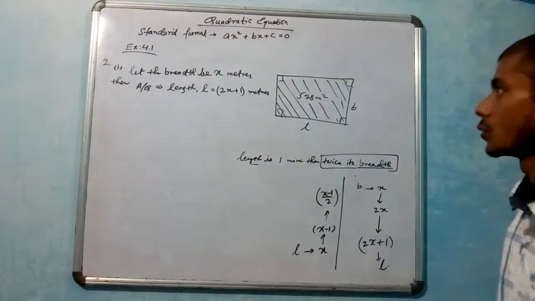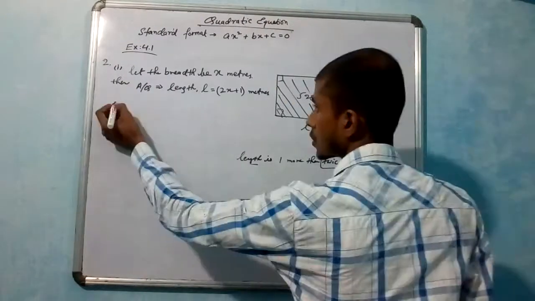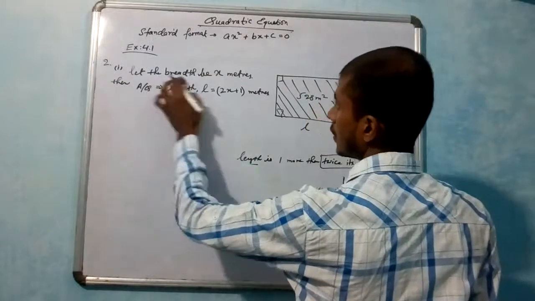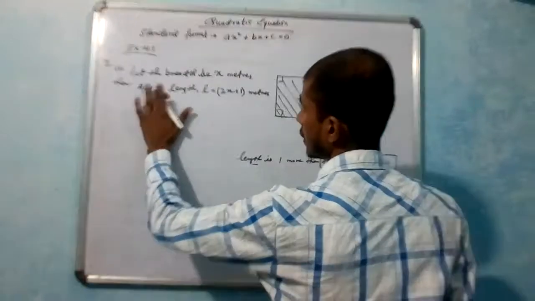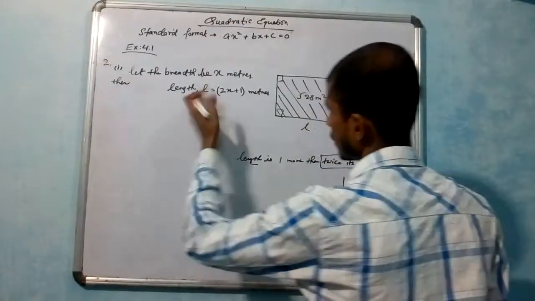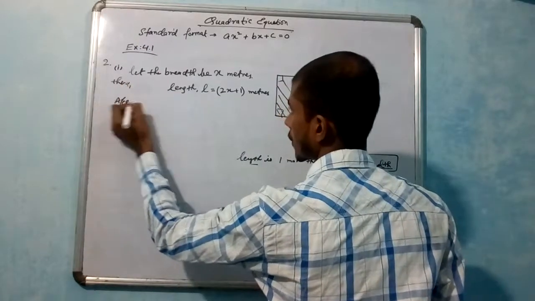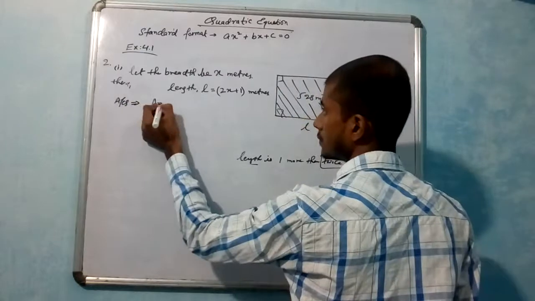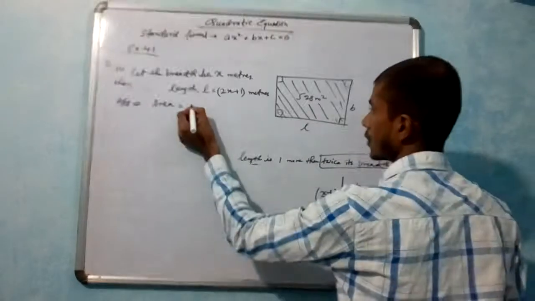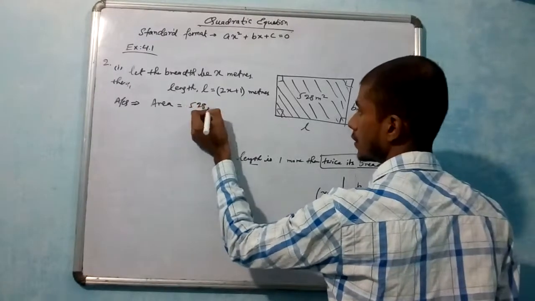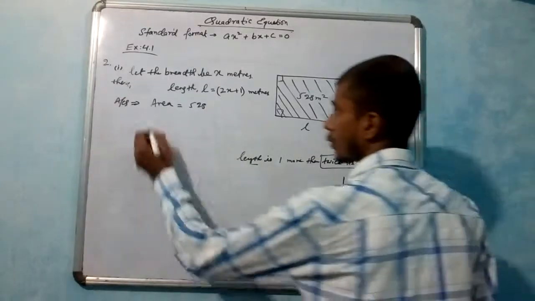How? See. Now according to the question, what is given? Let the breadth be x meters, then length as given. Then according to the question, area is equal to 528 meter square. And what do we mean by area?